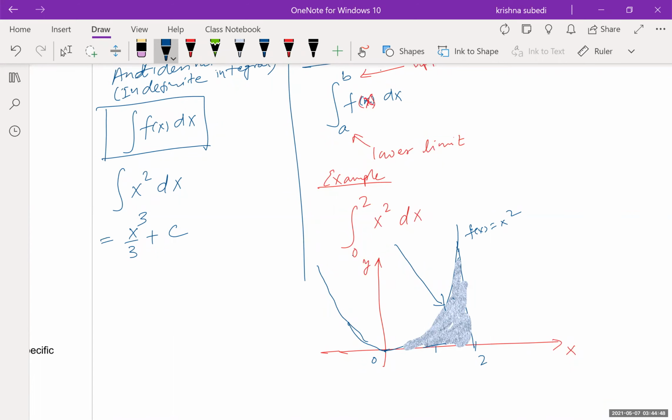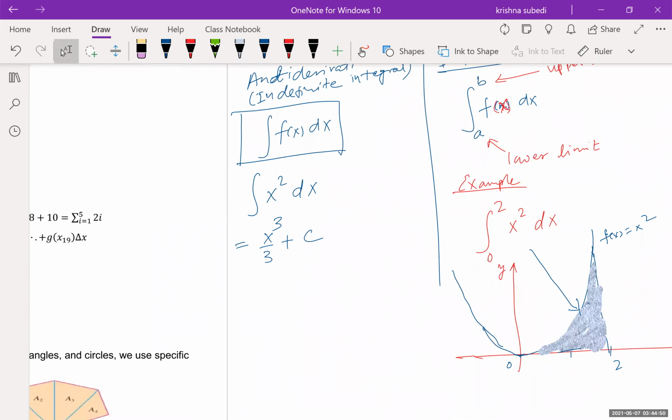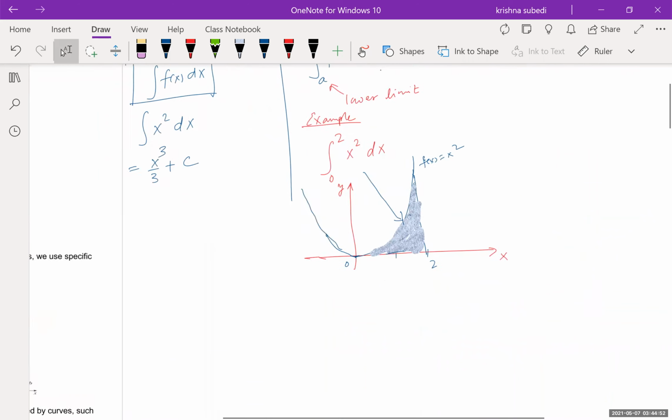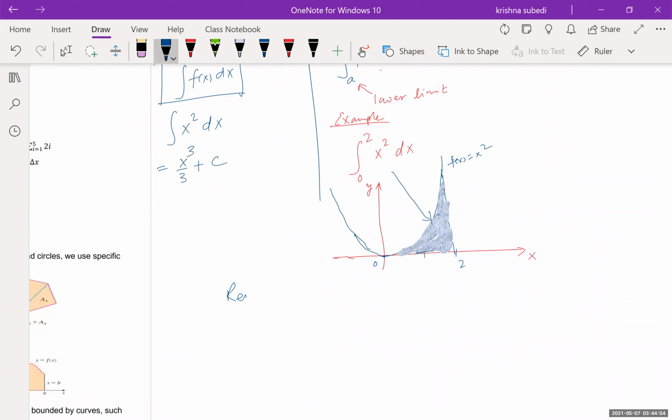Now, let's quickly review one concept from high school. The notation that we'll be using here is summation notation. Okay, summation. So we use this sigma notation.